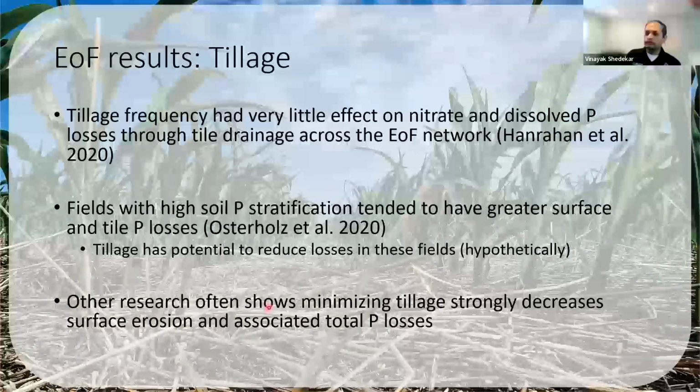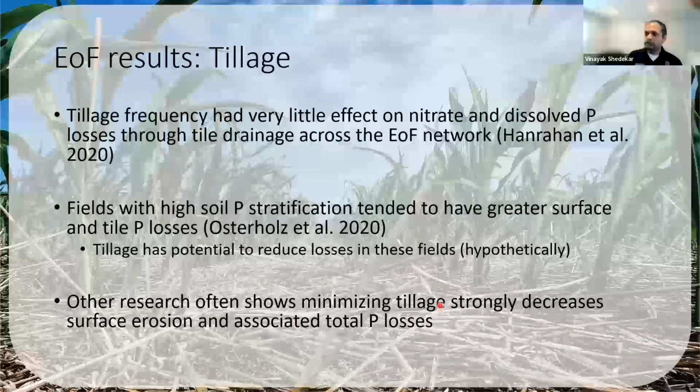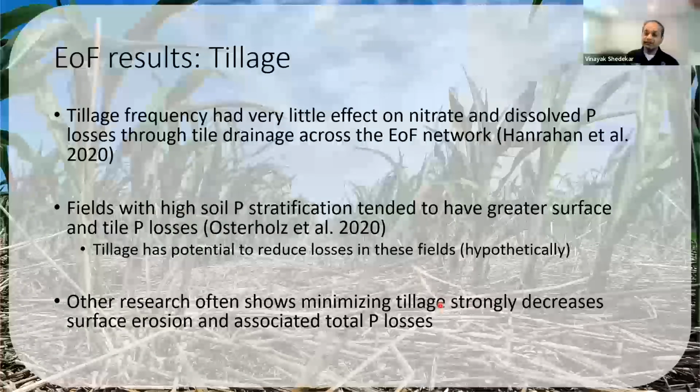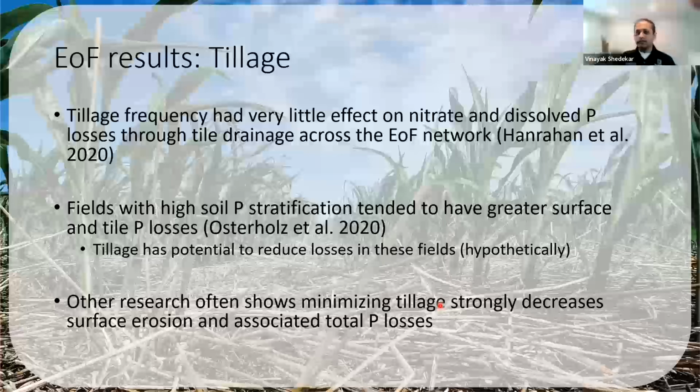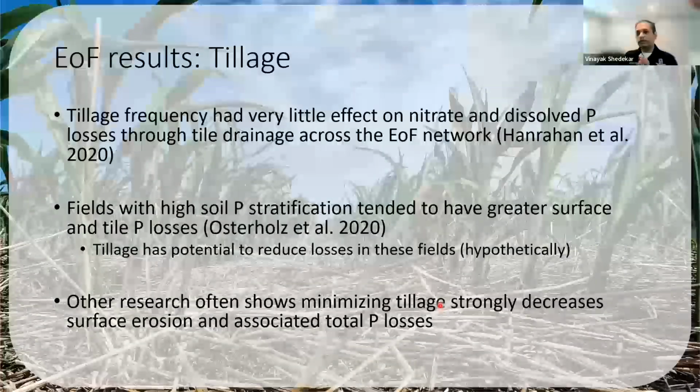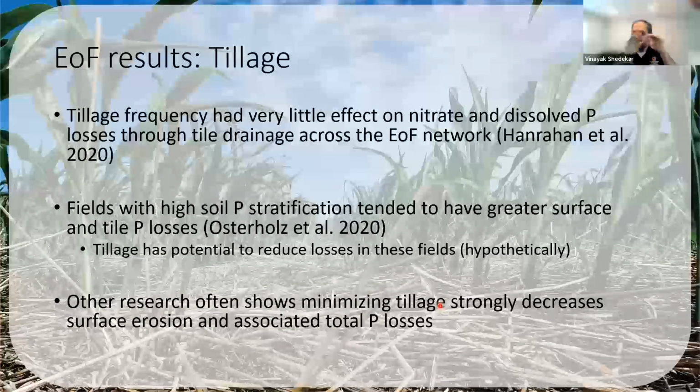Again, some of the other research shows that minimizing the tillage significantly decreases the surface erosion and associated total phosphorus loss. So there are trade-offs between a system that is undisturbed versus a system that is continuously disturbed.